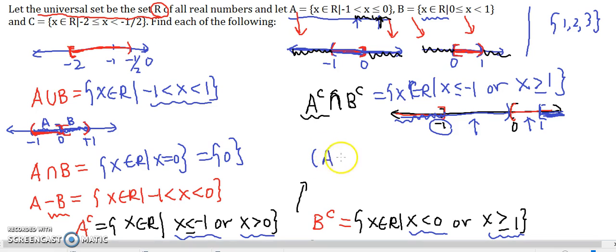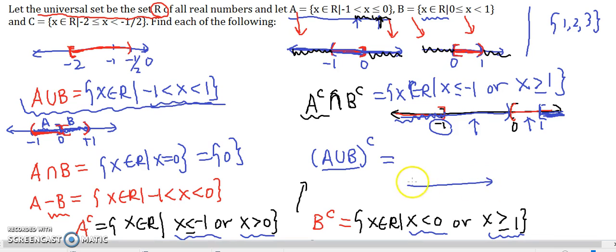Okay, we can do one more. We can first do the union, then do the complement, because parentheses go first, following the order of operations. We have to find A union B, which we already have the answer for here. That's A union B right here, and I'm going to use that. So let's draw a graph for that.